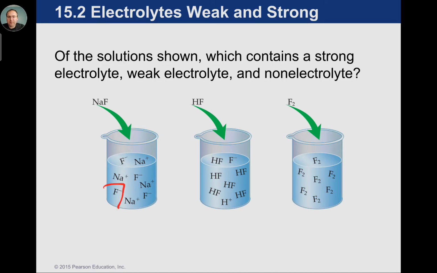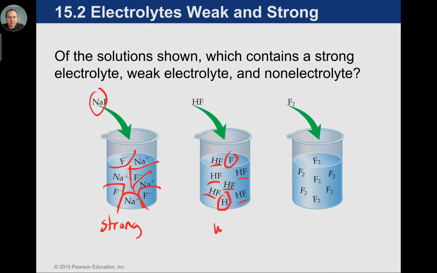Notice here, everybody is separated. Nobody is together. That shows us that these are strong, and we could probably recognize that because it has one of the magic five, specifically sodium, potassium, ammonium, acetates, and nitrates. Over here, we do have a little bit of separation, but notice most of the time we're together.